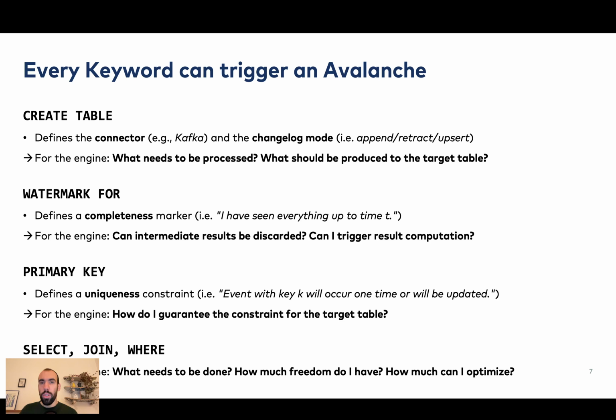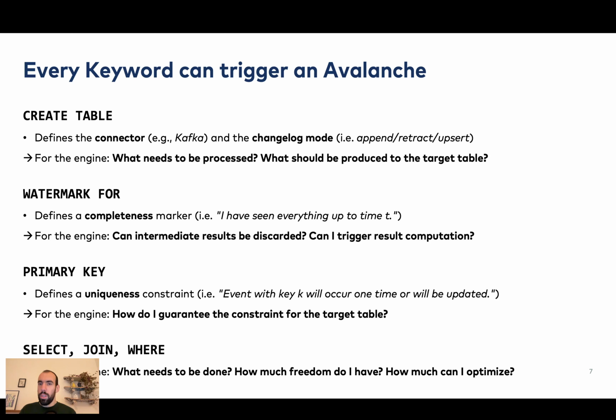And yeah, for the engine, this is very helpful information because the engine can now reason about how do I guarantee the constraint for the target table, right? So like, is it possible, or do I have to throw an error if it's not possible? And also, like, can the join be executed on unique keys or not? This information is very useful for having efficient plans.